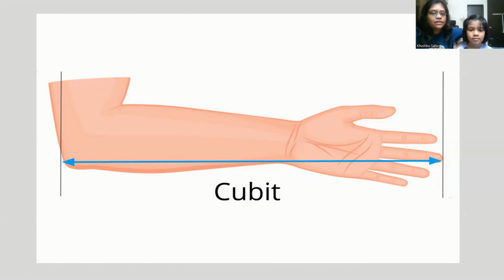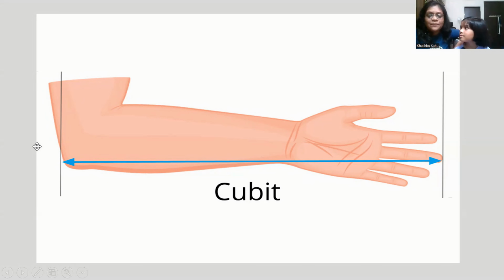So what is cubit? Cubit is the length from the tip of the elbow to the tip of the middle finger. Okay, this is 1 cubit. One cubit is also known as forearm.